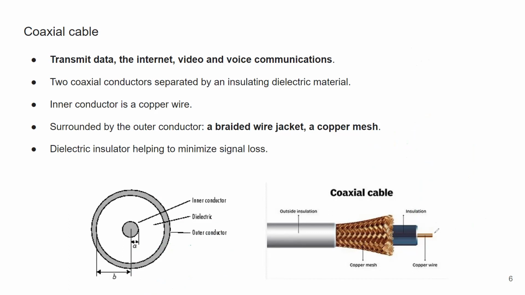So one conductor, either the top or bottom conductor, can be connected to one arm of the antenna. If we have an antenna, we will have two arms, the first arm and the second arm.